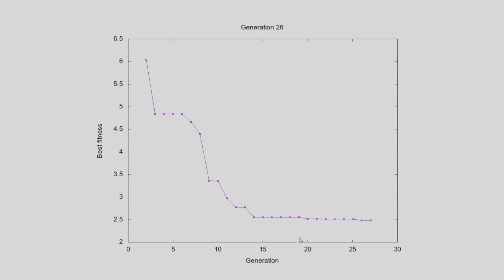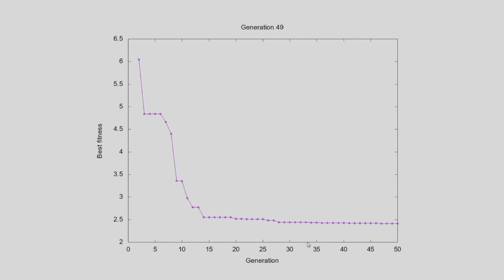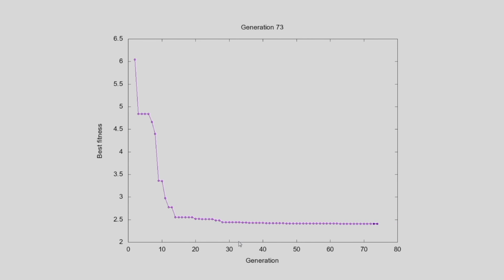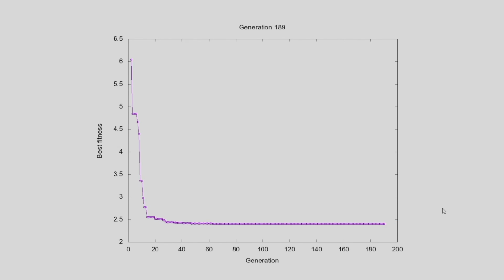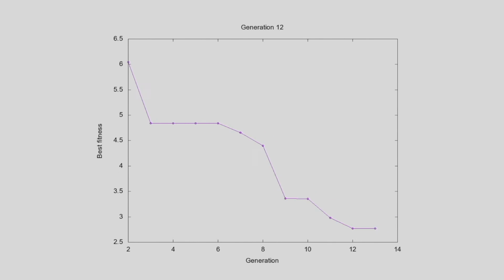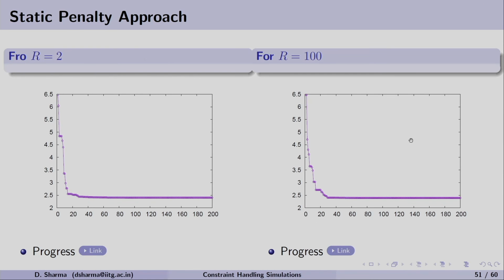Now, as it can be seen that close to 20 generation, now it is 29 generation, we found a solution which is showing the best fitness, and that solution remains the same till 200 generation. Now, if we increase the value of R, we see that it is starting with a large value and then close to again 30 generations, we find the best fitness.